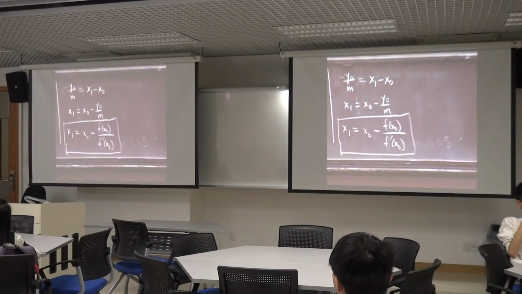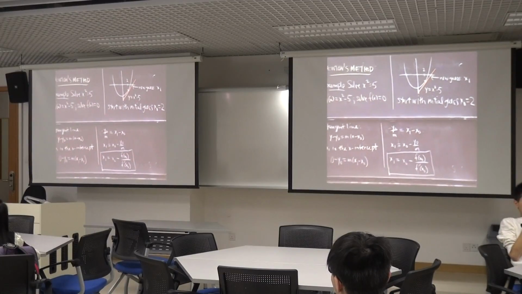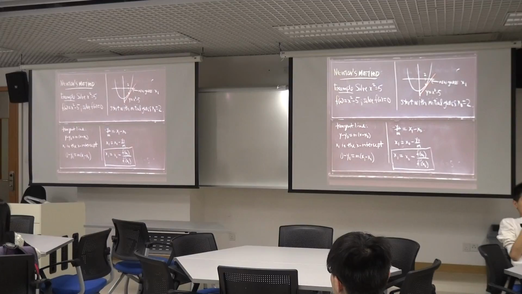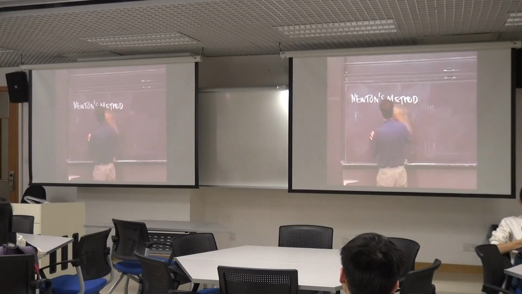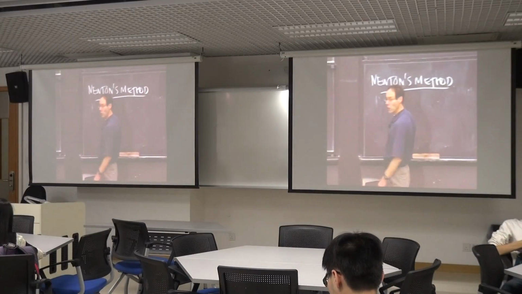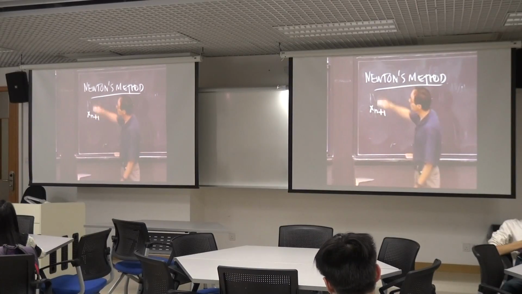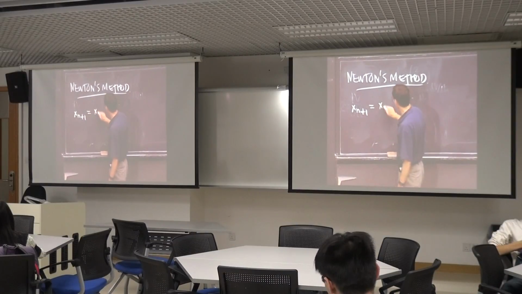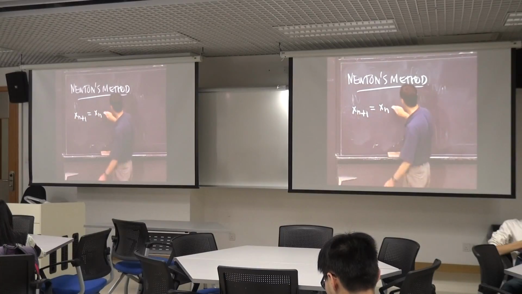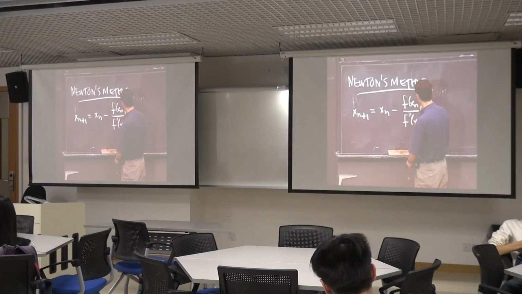Okay, I'm going to repeat this formula. So I'm going to tell you again what Newton's method is and put a little more colorful box around it. So Newton's method involves the following formula. In order to get the n plus first point, it's a better and better guess, I'm going to take the nth one, and then I'm going to subtract f of xn divided by f prime of xn.